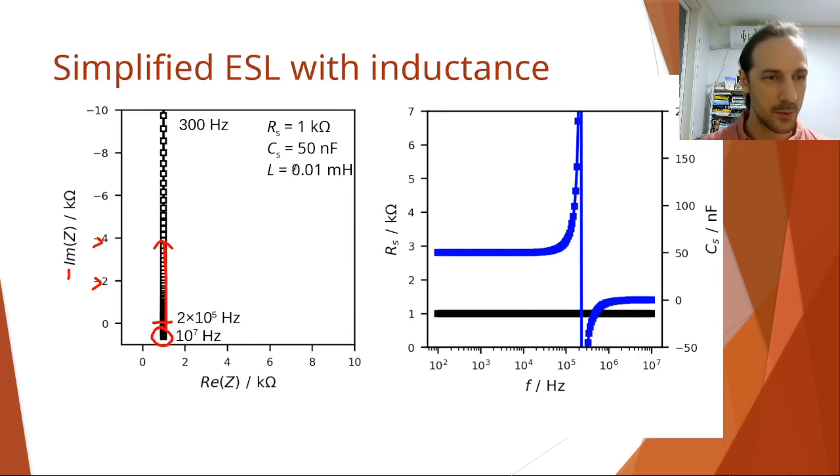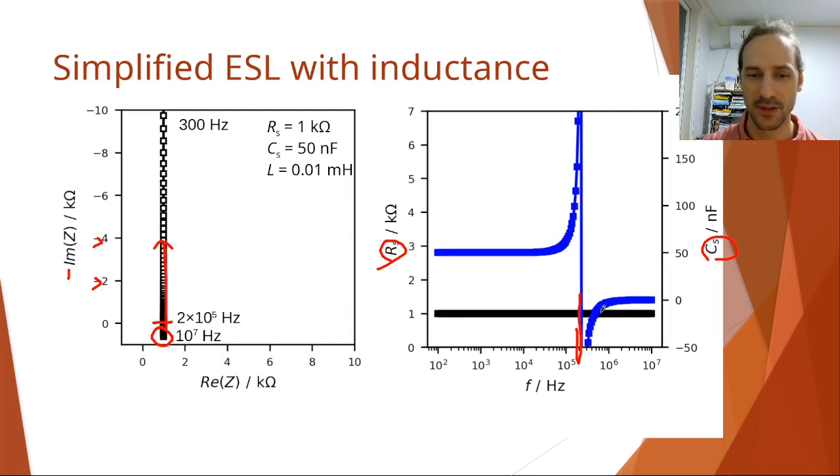And in this case, when we have an L of 0.01 millihenry, then it will reach 0 at 2 times 10 to the 5 hertz, which is incidentally here.